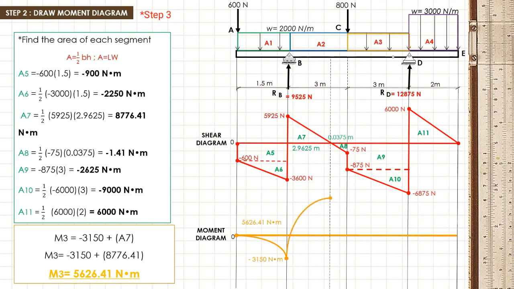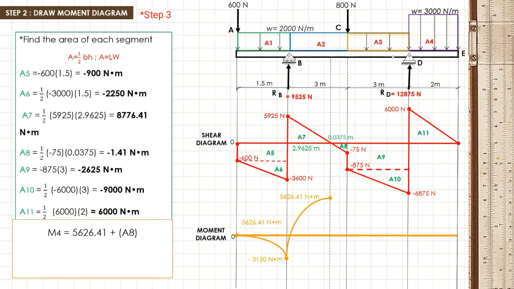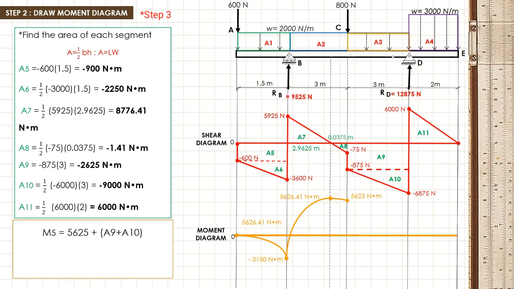5626.41. Then M4 is equal to 5626.41 plus A8, which is negative 1.41. The sum is 5625 Newton meter. For M5, we must add 5625 and the sum of A9 plus A10, which is 5625 plus the sum of negative 2625 and negative 9000, which is M5 is equal to negative 6000.